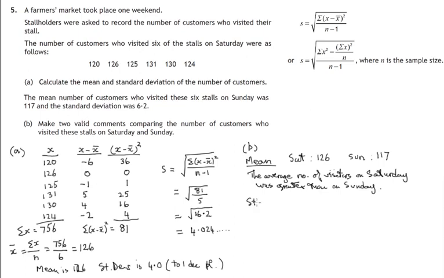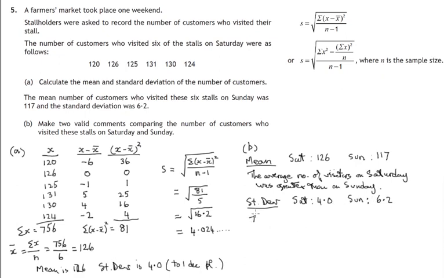Let's now use the standard deviation information that we're given. On the Saturday our calculation was that the standard deviation was 4.0. On the Sunday they're telling us the standard deviation was 6.2, which is a good bit greater than on the Saturday. That means that the number of visitors at these 6 stalls was more spread out around the mean on the Sunday than on the Saturday.